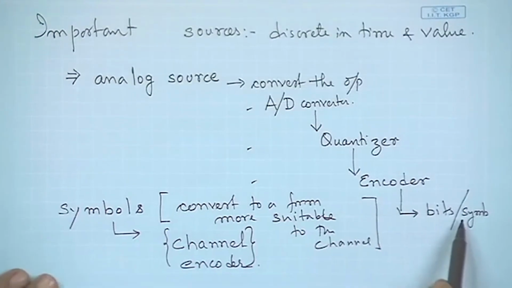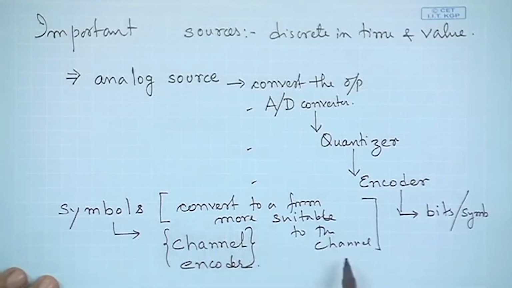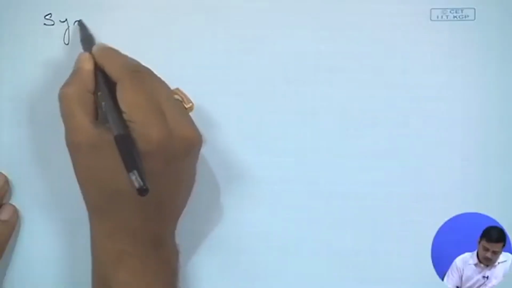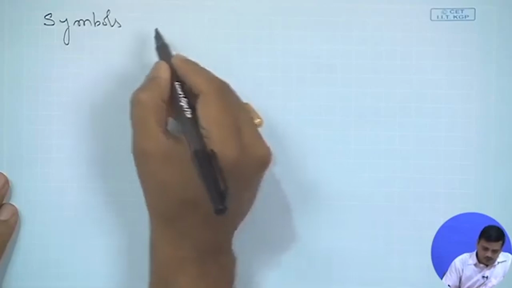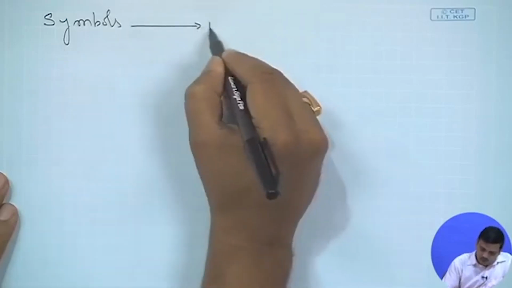Now once we have these symbols, when we say they get converted through the channel encoder, what we mean is that the channel is basically the physical channel, and when you have to send these abstract symbols into the channel, you must convert them. So that's what we are going to do now. Typically the symbols get converted to waveforms.